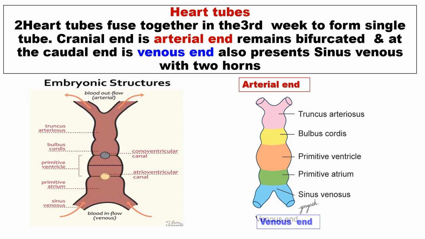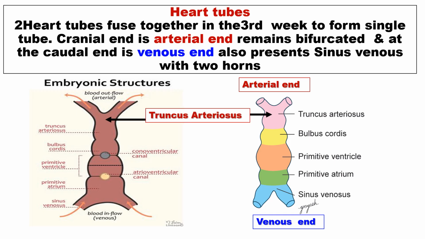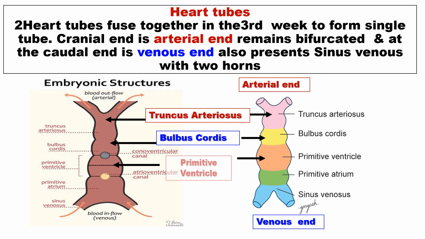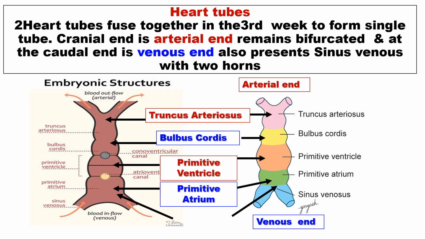Similarly, the caudal end, which is the venous end, presents the sinus venosus with right and left horns. Craniocaudally, the heart tube presents the truncus arteriosus, bulbus cordis, primitive ventricle, primitive atrial chamber, and the caudal-most part, the venous end, is the sinus venosus with right and left horns.